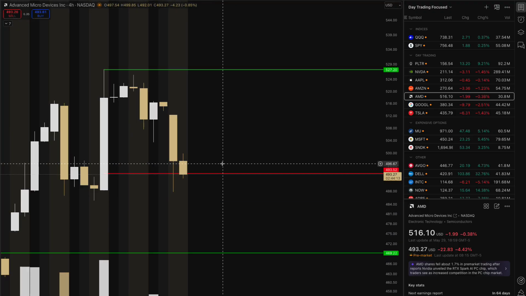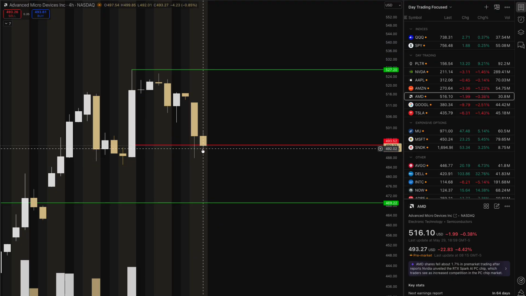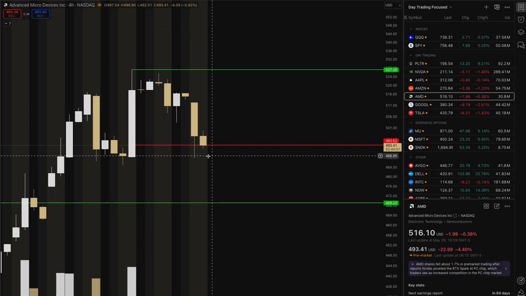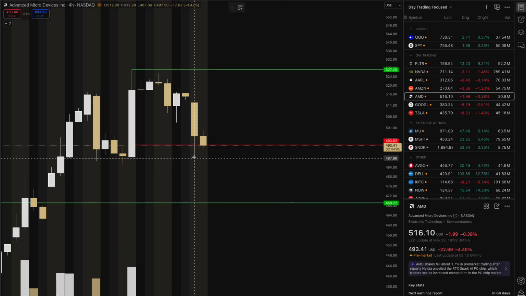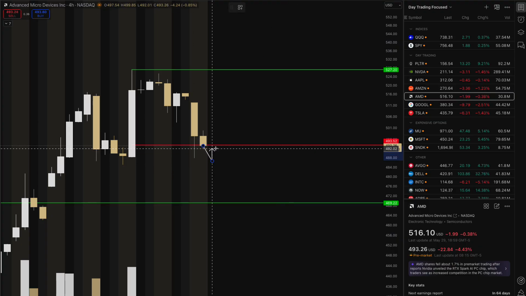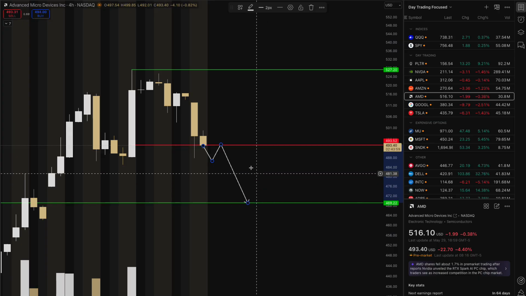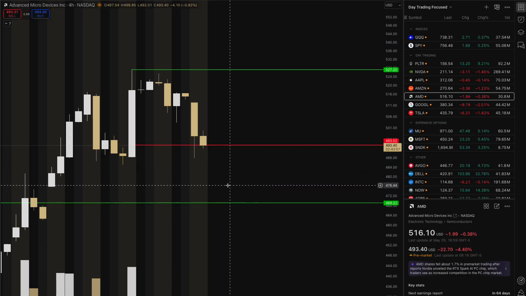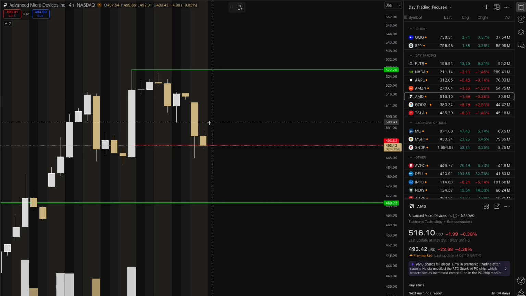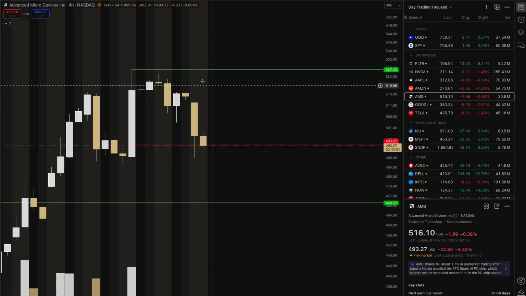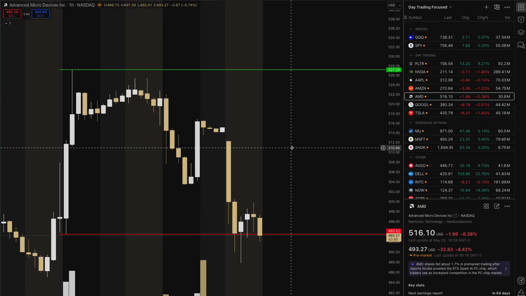Now it can sweep the liquidity here and then move back up, or it can break down, retest, and then come for the retest of this swing high, or it can just open up here and then move back up. These are all the scenarios we have.